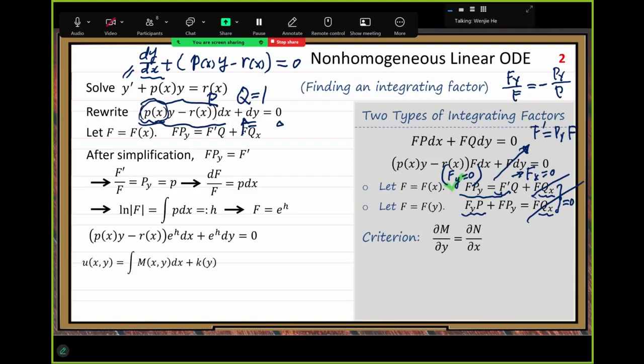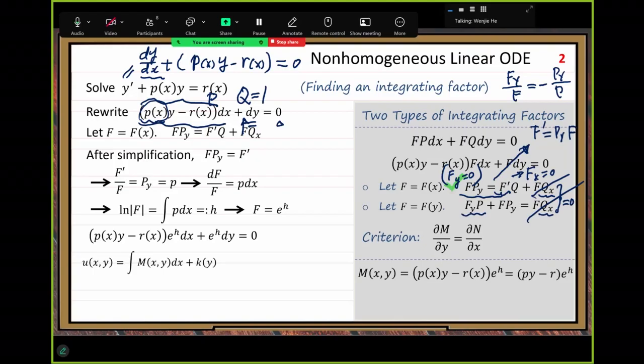Because we treat x as variable, so everything about y we treat as constant. So little k of y, this as a special type constant here. But the m function is that one.